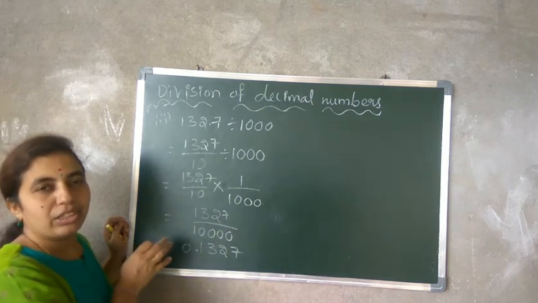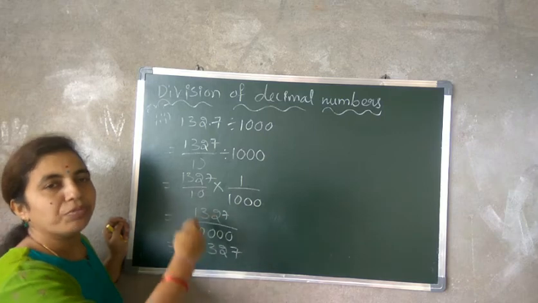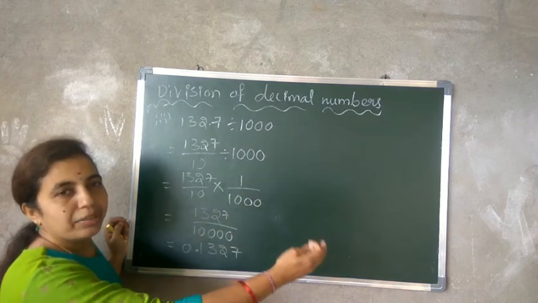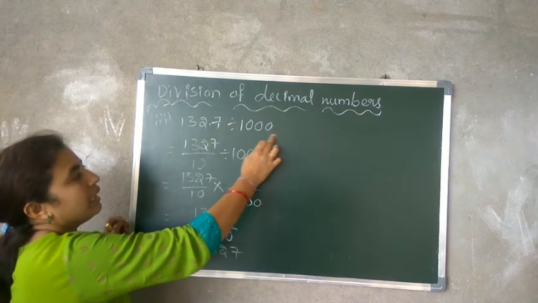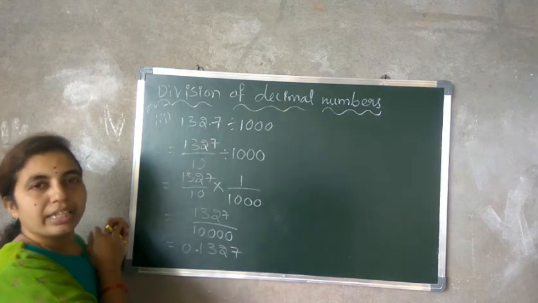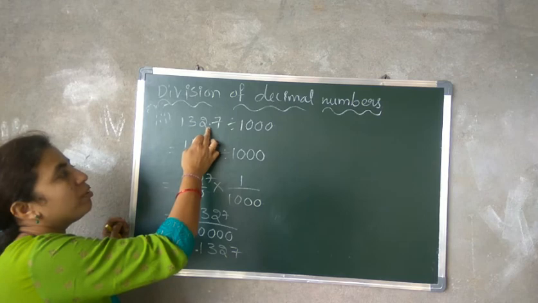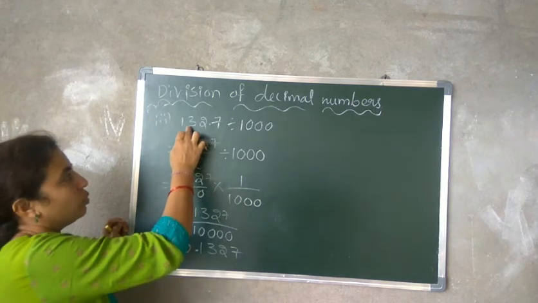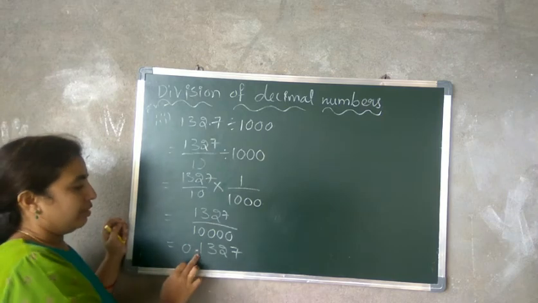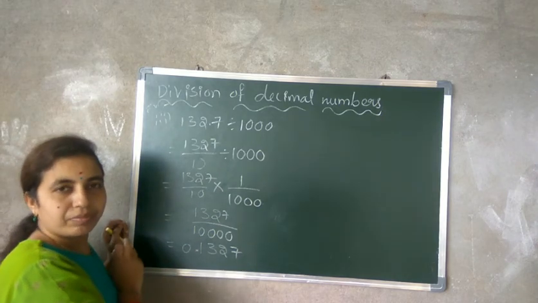See, in multiplication the point will move forward, but in division the point will move backward based on the number of zeros. See here, first it is here, with 3 zeros we are dividing, so the decimal will move back 3 digits. 1, 2, 3, and here you will get the point. See, 0.1327.